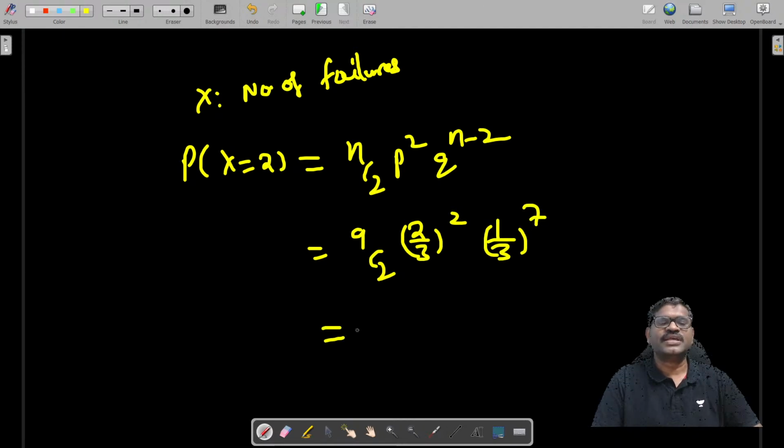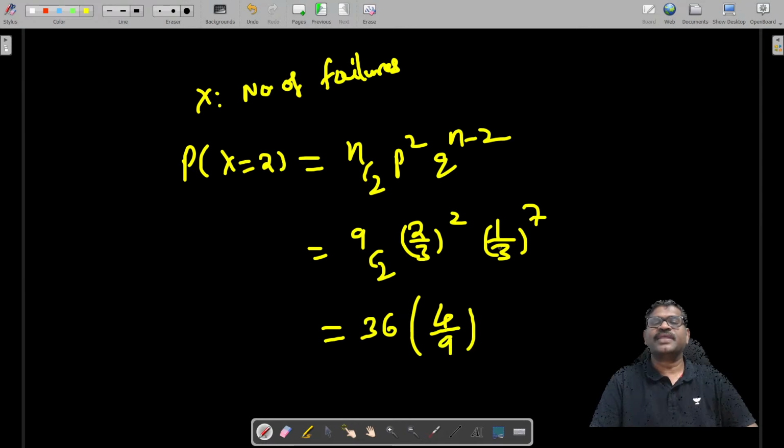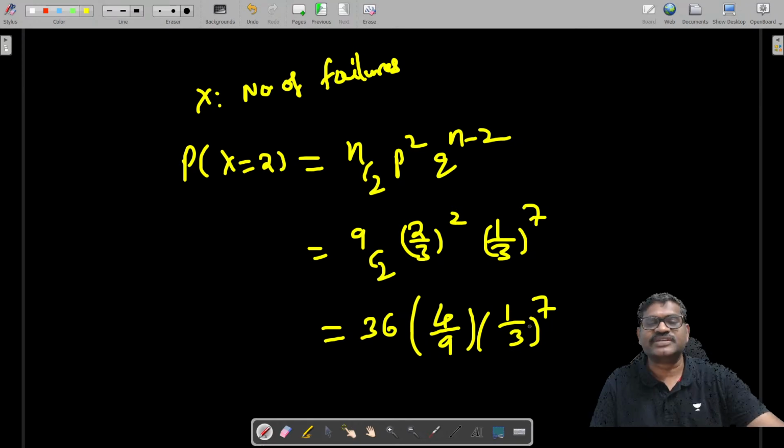Simplify this. 9C2 is 9 into 8 by 2 into 1, so 36. 2 by 3 whole square, 4 by 9, 1 by 3 whole power 7. Simplify this.